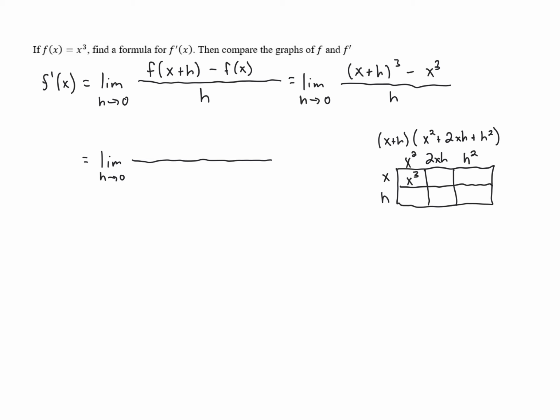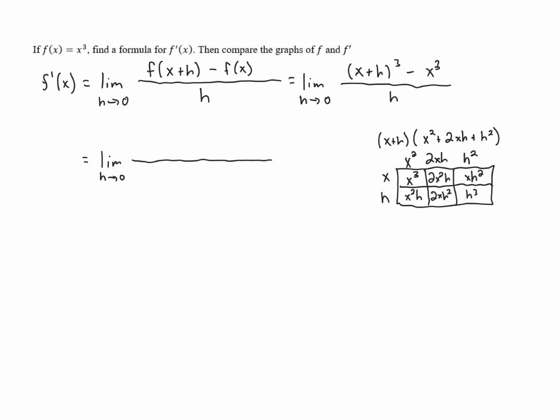In the next one, x times 2xh is 2x squared h. Then x times h squared is xh squared. In the next row, x squared times h is x squared h, and 2xh times h is 2xh squared. And then we've got h cubed in the bottom.